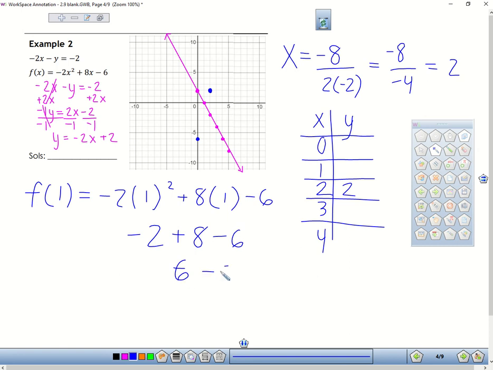This is 6 minus 6, which is 0, which means this is also 0. So here and here. And now we know that quadratics have symmetry across the axis of symmetry, right? So if I draw my axis of symmetry in, right here, I see that I have symmetry across this line here. So that means that this must also be a point on the graph.